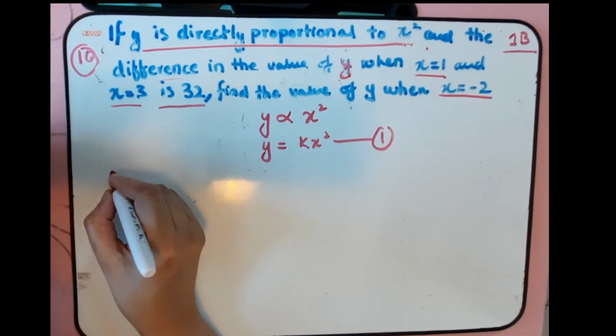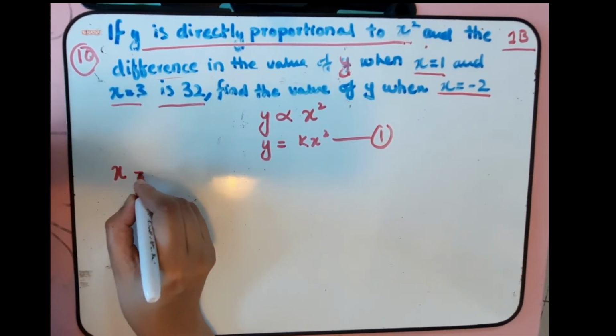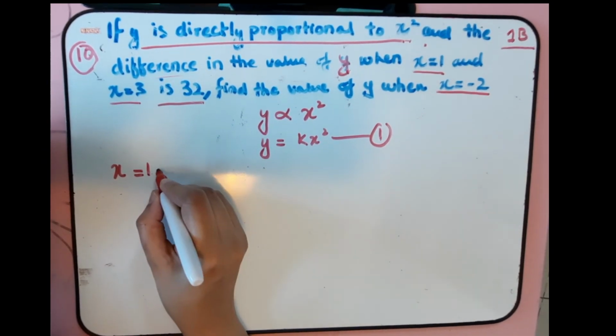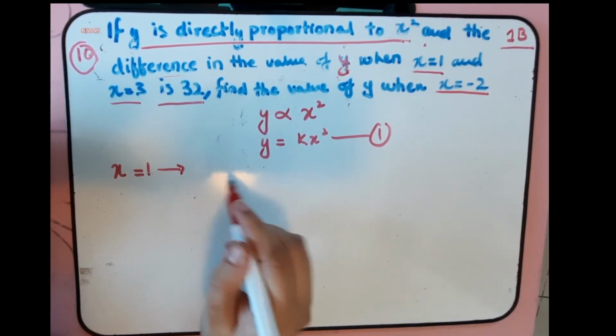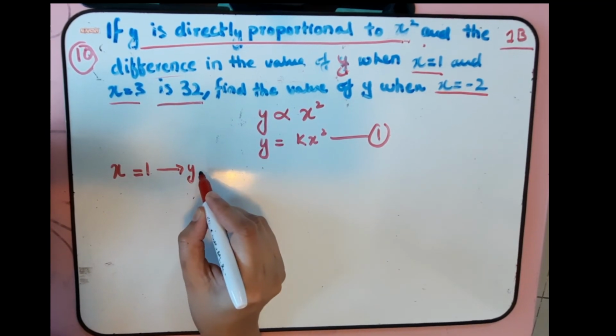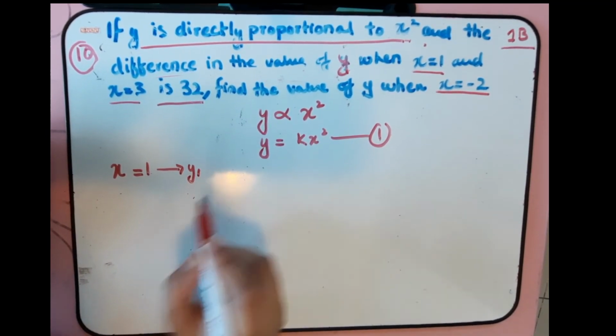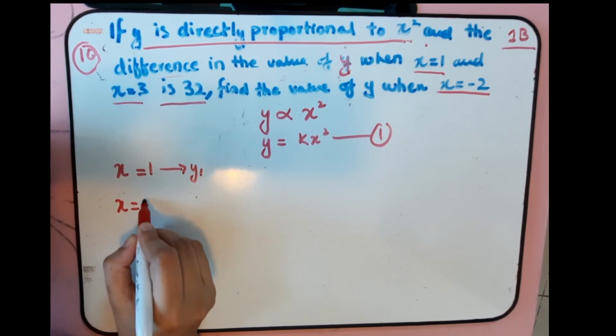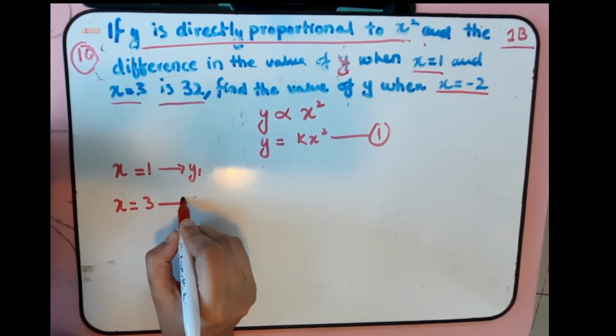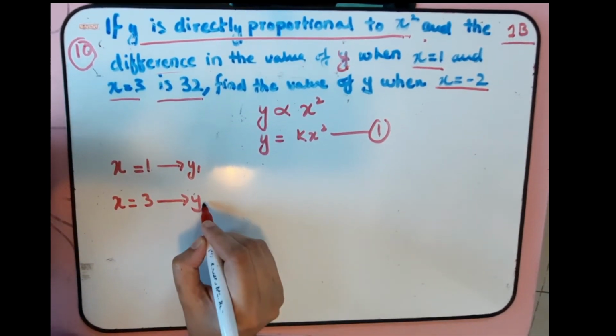This means when x is 1, its corresponding y, let's call it y1, and when x is 3, its corresponding y, y2.